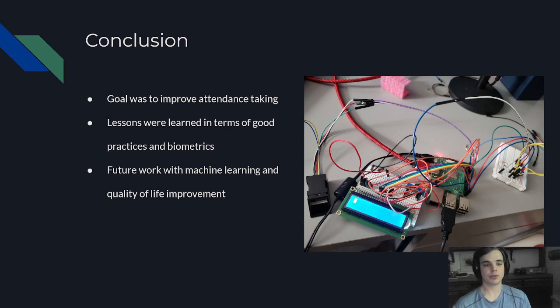And there's a lot of future work that can be done with this project as well, including adding some type of machine learning aspect to it to have it adapt to its environment to make better predictions, or with just some quality of life improvements with the current iteration, things like adding some more functionality to what the admin can do, or putting a nice shell around the device. These are both ways that the device could be improved.